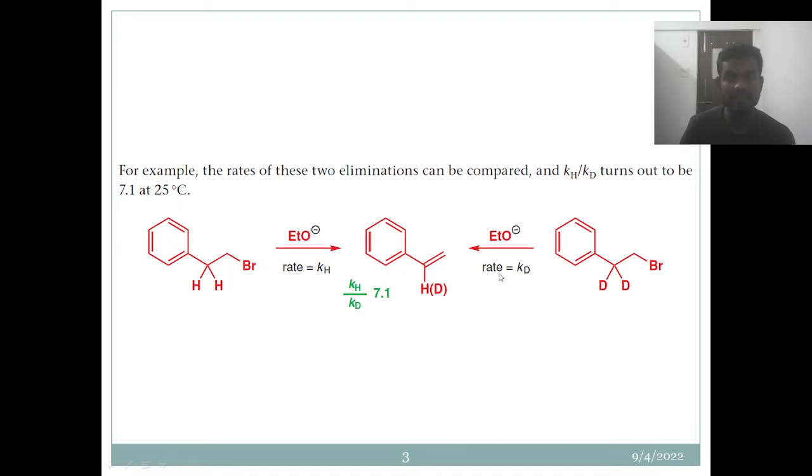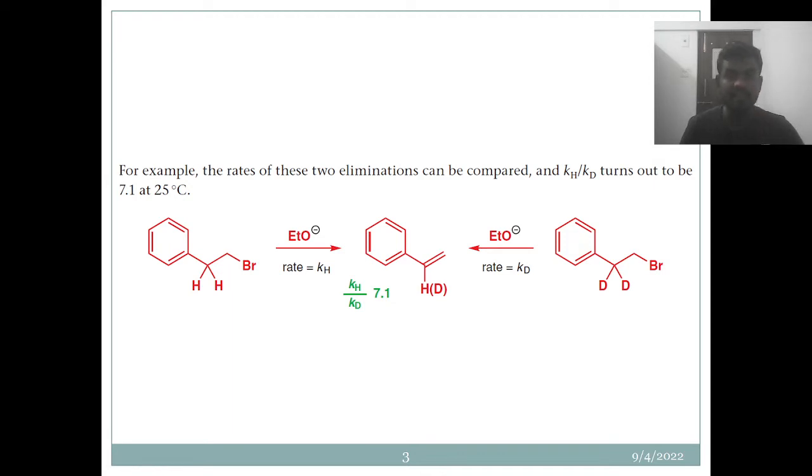The conclusion is that the rate Kh is high compared to Kd. So the base will abstract the proton here, the CH bond will break, and it will expel the bromine. The corresponding deuterated system will follow the same path, just that the rate will be lower. That's why we get a Kh by Kd value of 7.1.